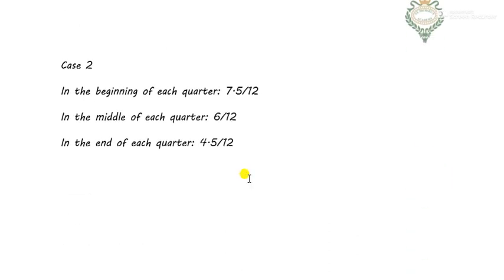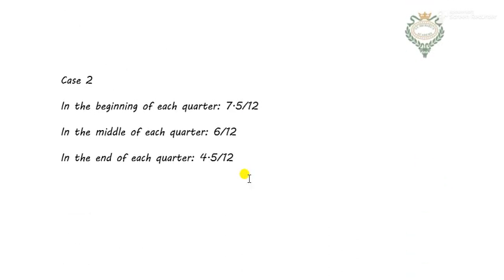Next case is that the partners may withdraw a certain amount of money in quarters. Understand the meaning of quarter. A quarter means a fourth of each thing. A year has 12 months and it has 4 quarters.